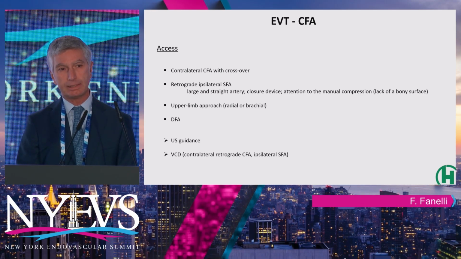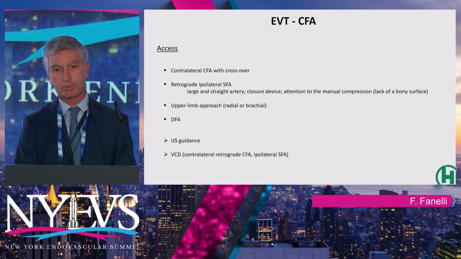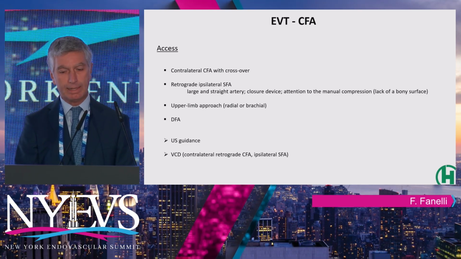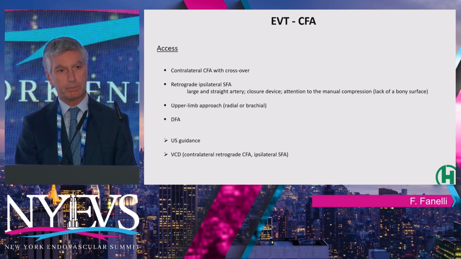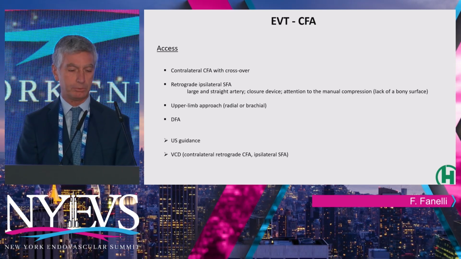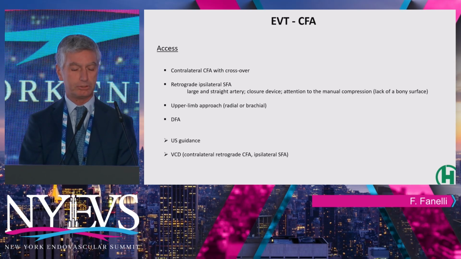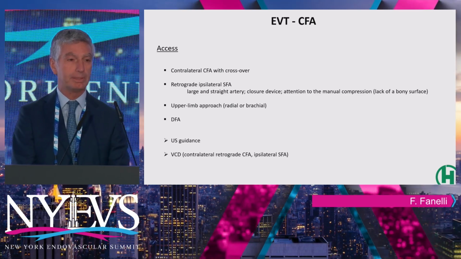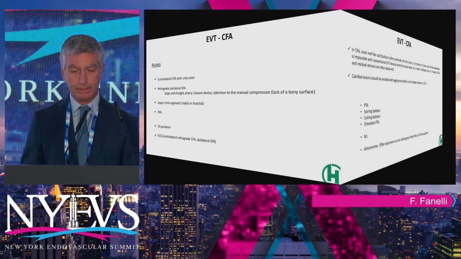But remember, in this case, it's mandatory to use a vascular closure device, because manual compression does not work very well, as there is no bone where we can compress the artery. Obviously, we can also use an upper limb approach, radial or brachial, according to the position. And another option could be directly from the deep or profunda femoral artery.